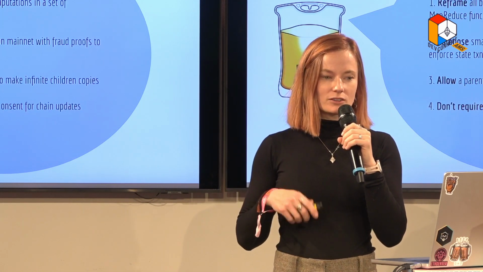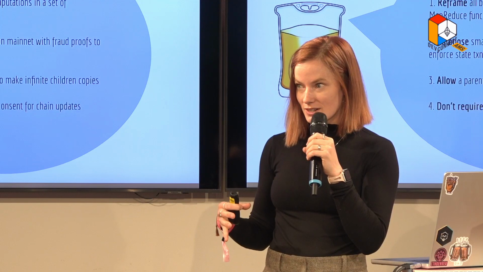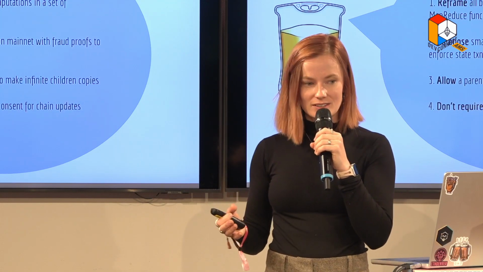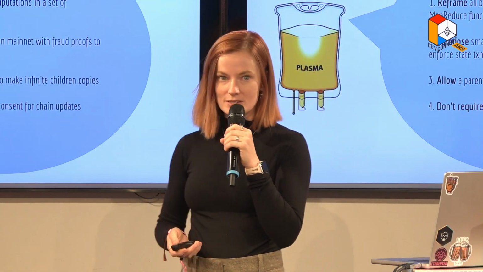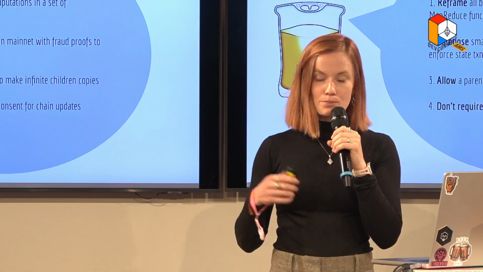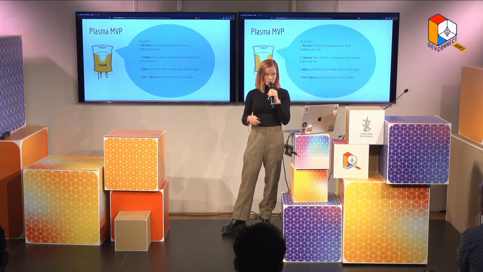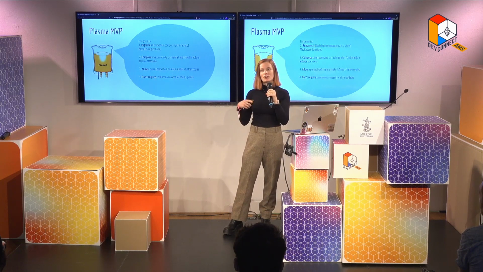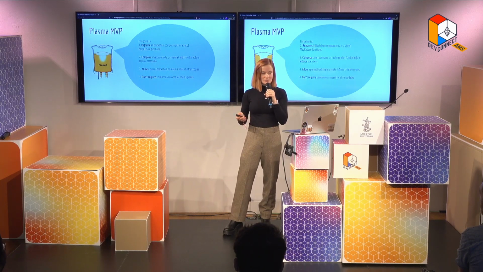Instead of requiring unanimous consent to agree on a chain update, like channels do, Plasma assumes that all updates are accurate and then has a way to dispute any disagreements. So if 2 parties are in a channel, both parties need to give unanimous consent for an off-chain update to be valid. This is channels.